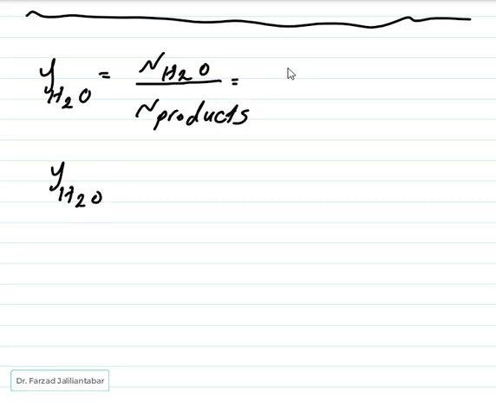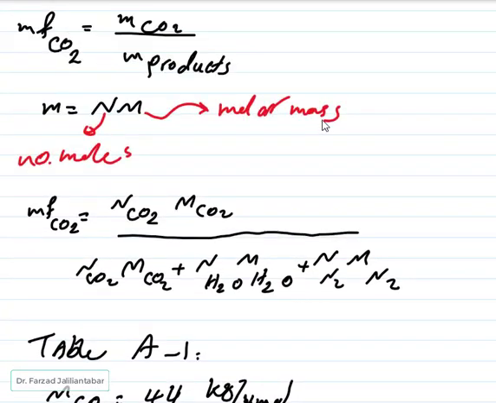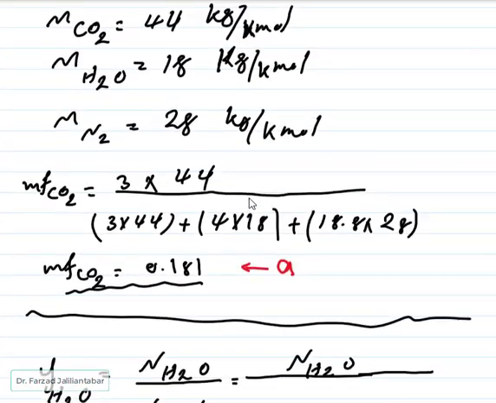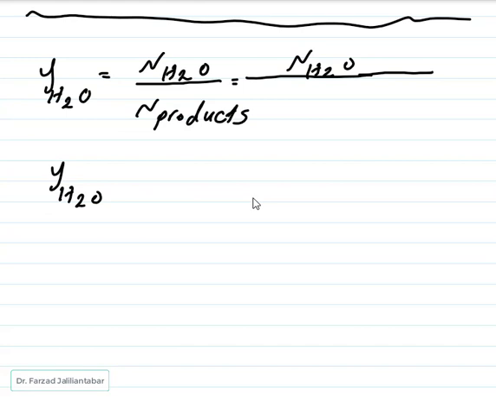What are the products? If we see the equation, the products are CO2, H2O, and N2, or carbon dioxide, water, and nitrogen molecules.